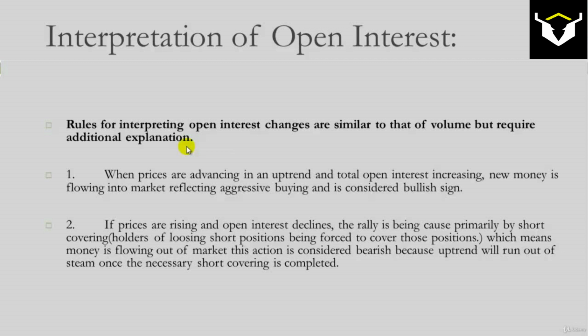Hence, the new high was not supported by an increasing number of open interest, whereas it was supported by people who were trying to bail themselves out of their current positions. So this new high will definitely not sustain and it will reverse. Hence, a new high on decreased open interest is considered bearish.